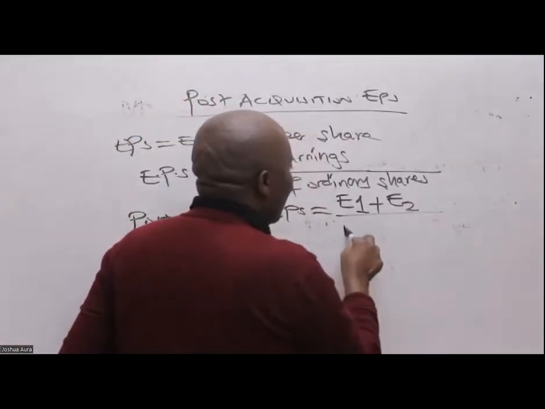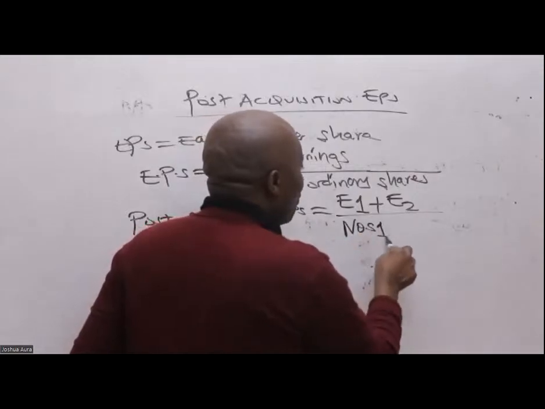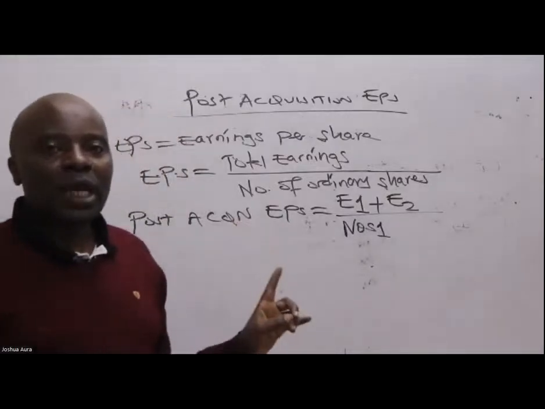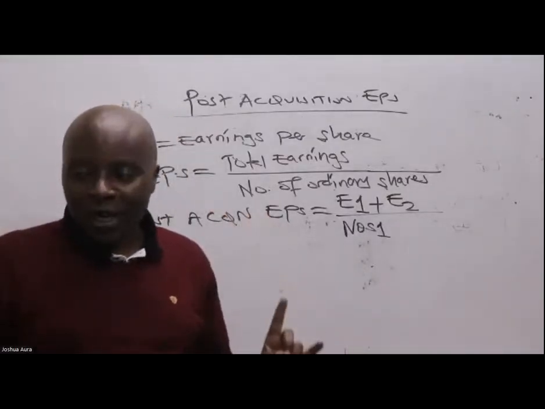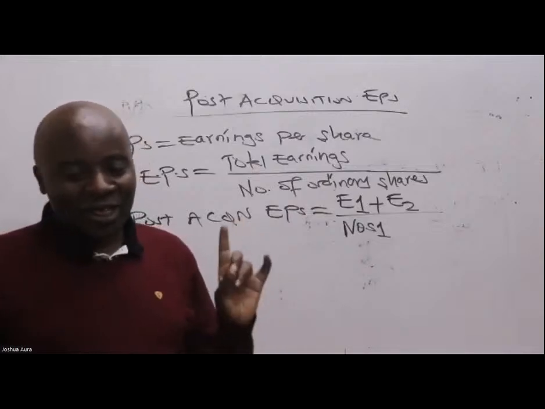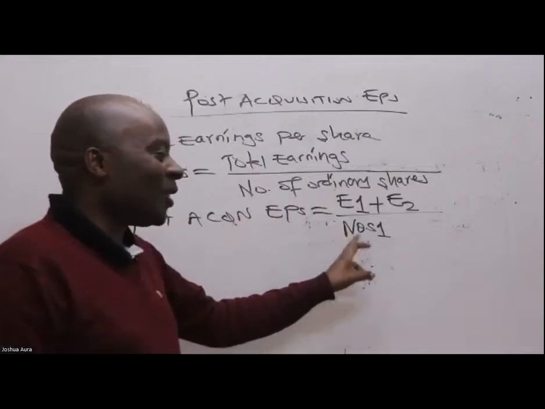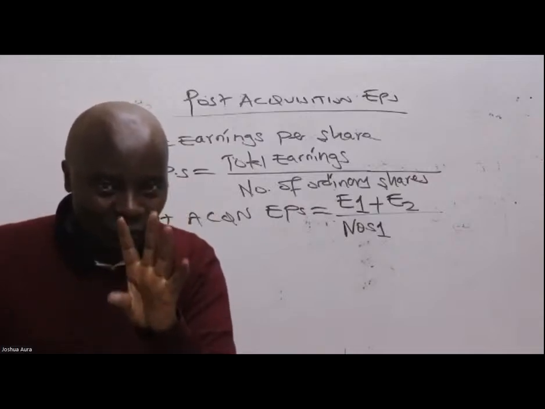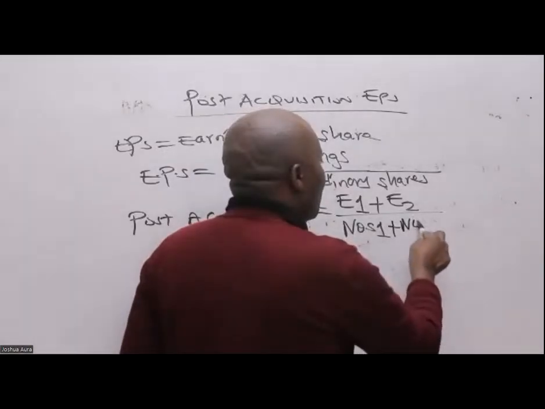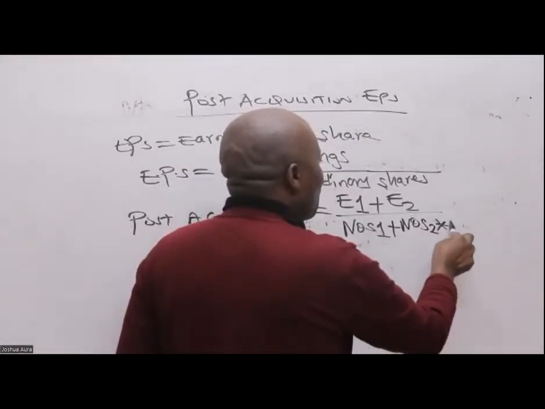All over, then we have NOSE 1. Whenever you see us using the word NOSE, NOSE stands for number of ordinary shares. Plus number of ordinary shares of company 2.